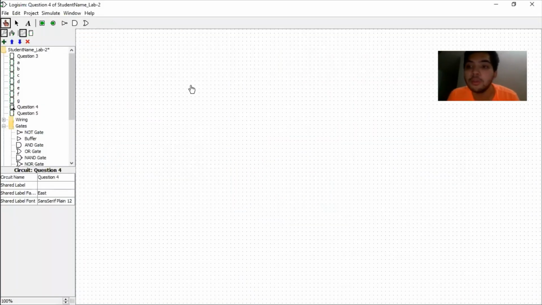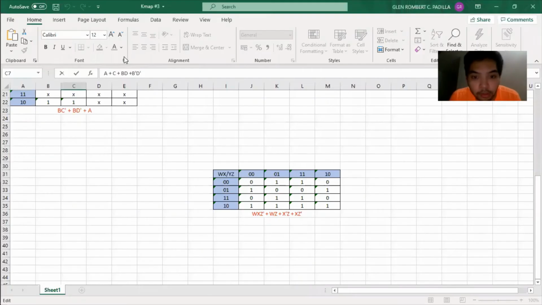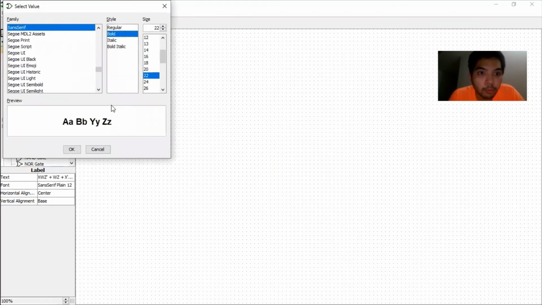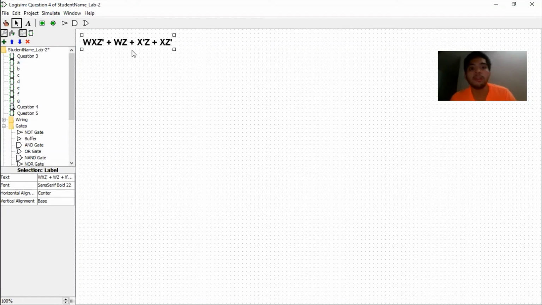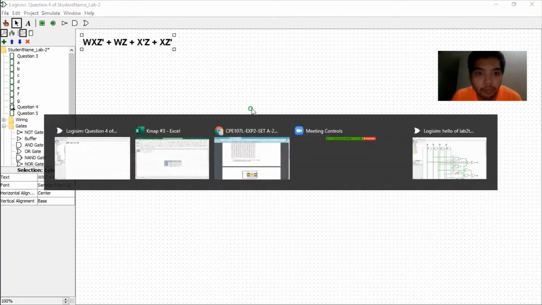So now we're going to implement it here in Logisim. Make a name first. So that's our simplified equation.